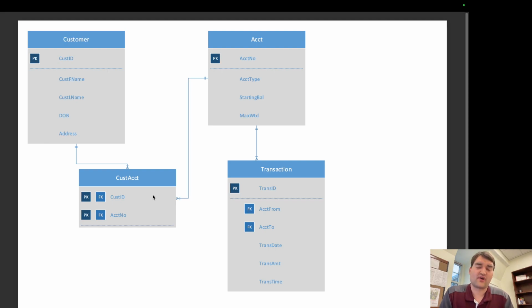And they're also foreign keys because they don't originate in this entity cust account. So it's very important that we can do that, okay? And that's referred to as an associative entity. Now finally, reading the relationship between customer and cust account, we say that customer has one to many cust account. Cust account belongs to one and only one customer.